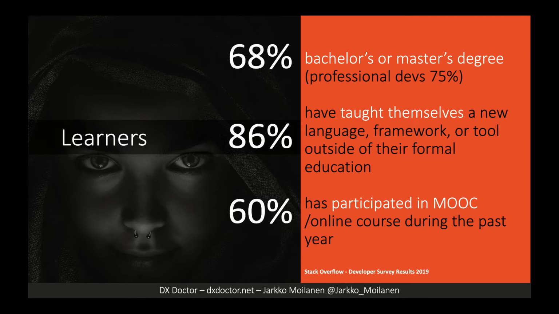And it seems that online courses and MOOCs are the thing even for the developers. 60% have participated in an online course during the past year. So provide the developers means to self-educate as they want it, when they want it, and do it online. It seems to be the way to go.